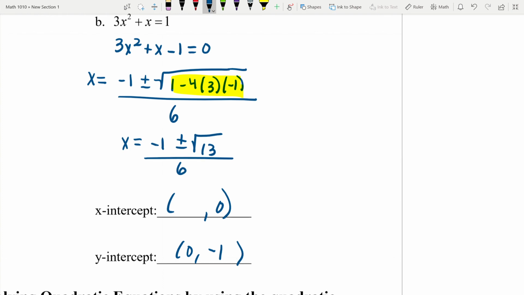Somebody tell me that. No, why not? They didn't tell me to. Do not do it. Once you write it as a decimal, you've ruined it. It's not a perfect answer anymore. So don't ruin it unless they tell you. So I'm going to write it like this. Negative 1 plus or minus the square root of 13 all over 6, comma, 0, and that's my answer. Okay?